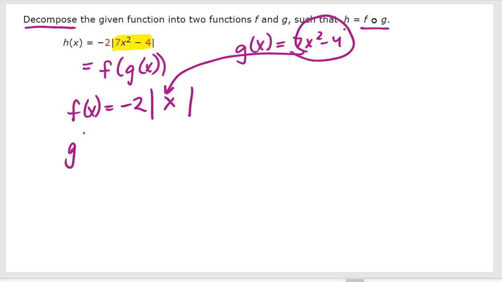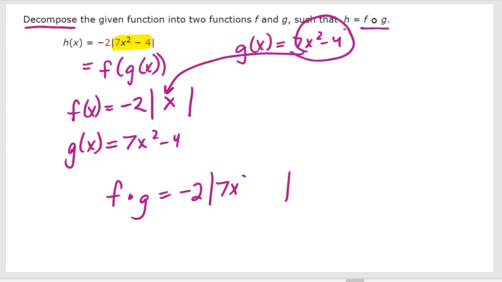So my two functions would be f of x is equal to negative 2 times the absolute value of x, and g of x is equal to 7x squared minus 4. Let's check that f composed with g will be equal to our original h function. For f, I'm going to write negative 2, and in place of x, I'm going to put g of x.